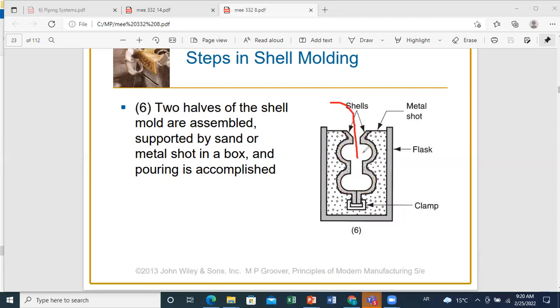You can pour metal, and all other steps are equivalent or are similar to the ones we have seen before in sand casting. You pour your metal, you give it enough time to solidify, and at the end you destroy your mold in order to take out your produced system.